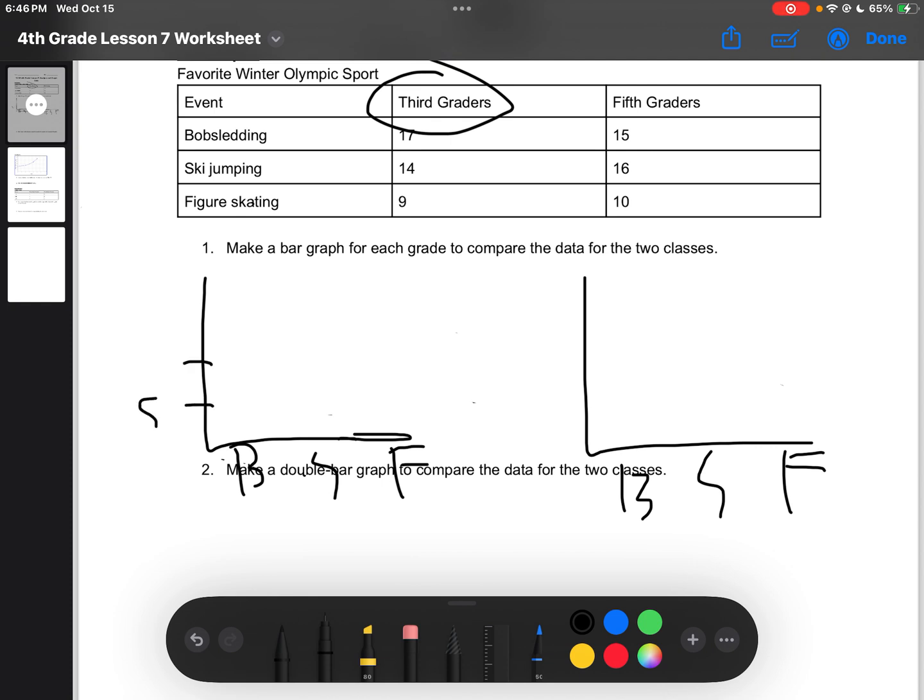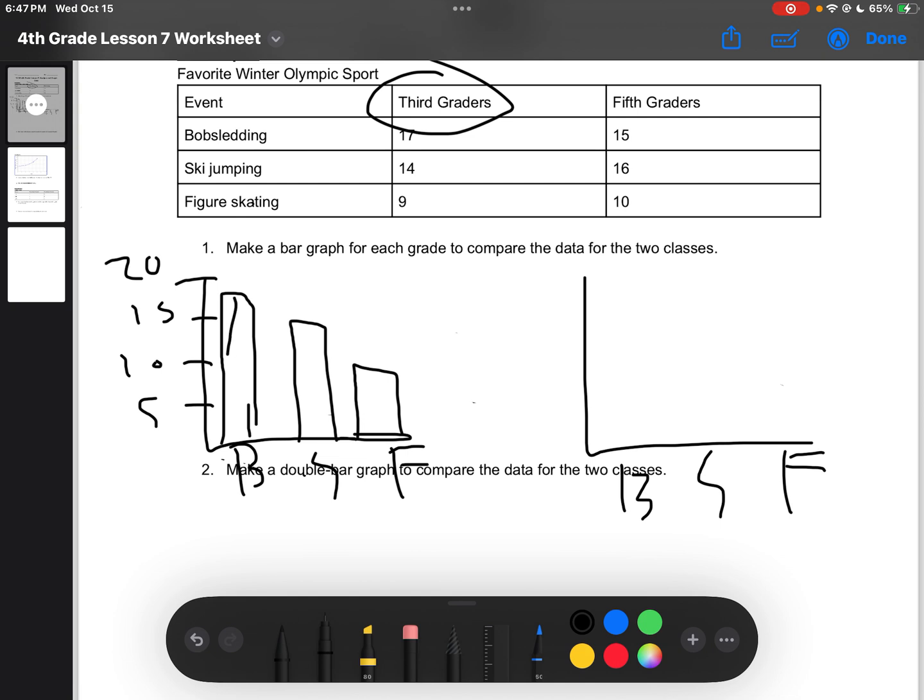So 5, 10, 15, 20. B is 17, so it'll go up to right here. S is 14, so right below the 15 mark, and F will be 9, so right below the 10 mark. This will be 3rd grade.